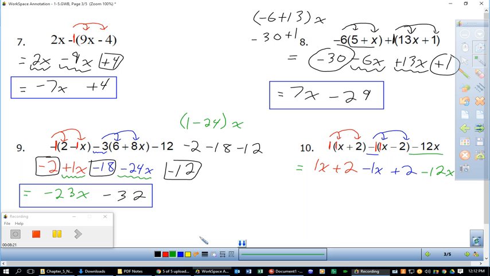Okay. Combining like terms, we have x's. We have 1x minus 1x minus 12x. So side note here, we want 1 minus 1 minus 12. And that'll tell us how many x's we have. And that should be negative 12x.